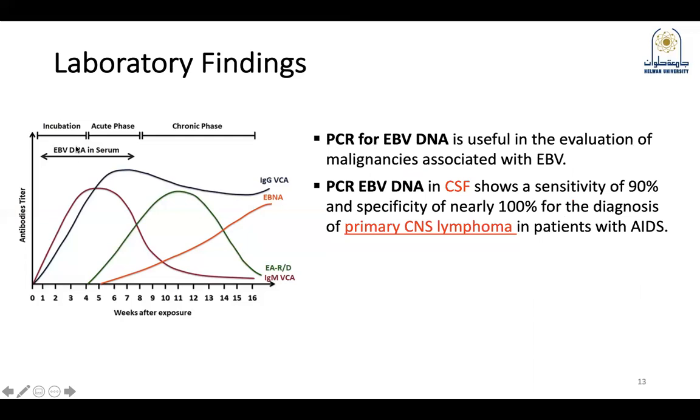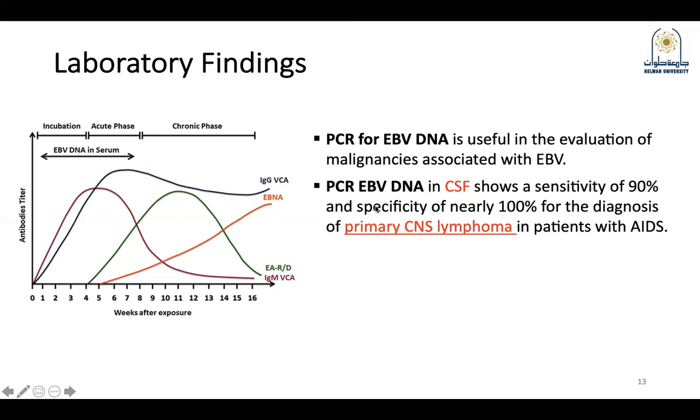PCR for the Epstein-Barr virus DNA is very important to diagnose special challenging cases. It starts during the incubation period and lasts into the acute phase. So in case of viremia, this indicates there is an active infection, and we could rely on the PCR in case of associated malignancies, as we will discuss later.